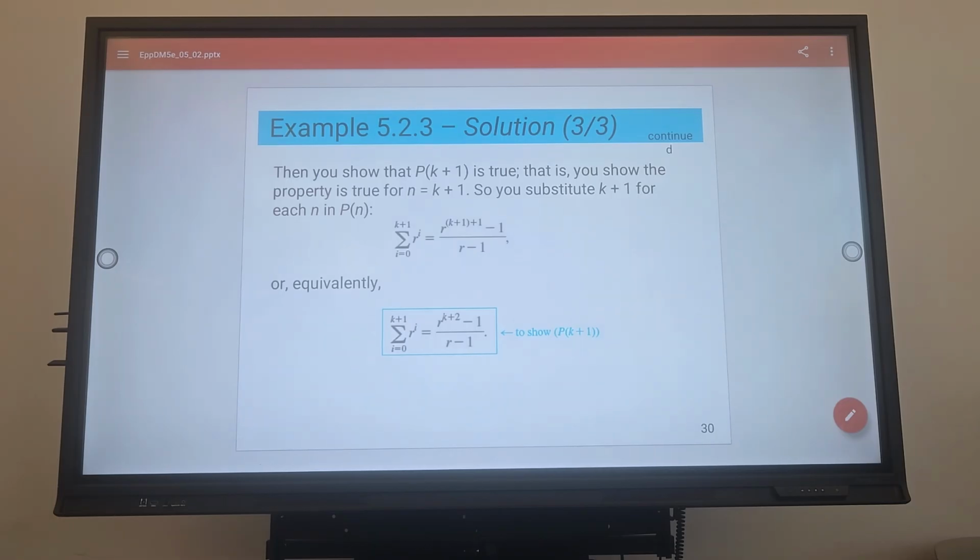Then you show that P of k plus 1 is true. That is, you show that the property is true for n equals k plus 1, and substitute k plus 1 for each n in P of n. This equation here is what you're trying to show.